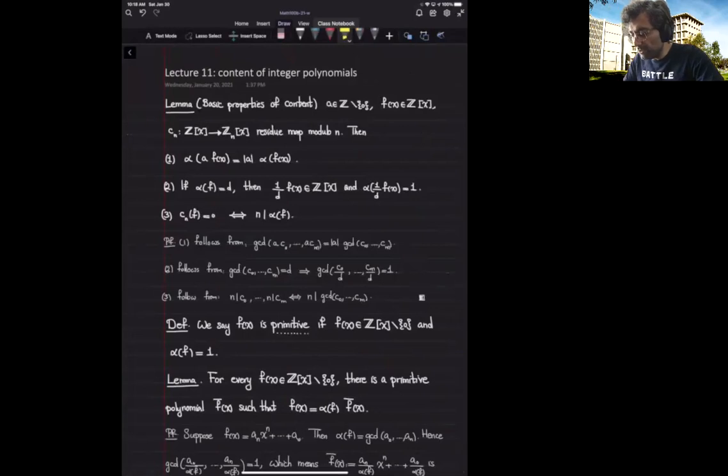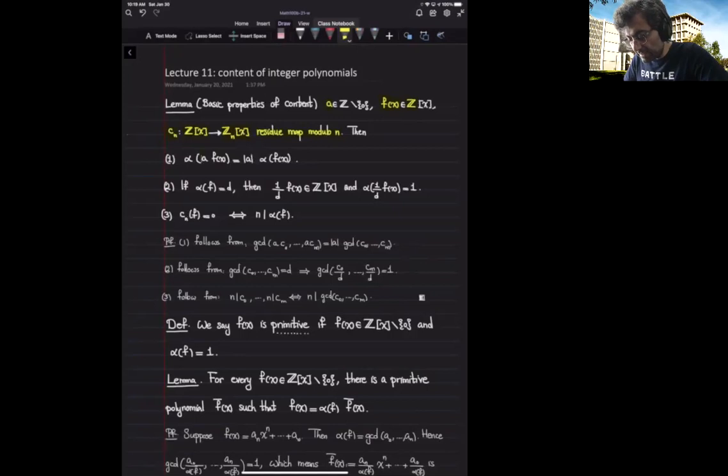So suppose I give you a polynomial f which is not 0 with integer coefficients, and I give you a non-zero integer a, and let's recall that C sub n is the modulo n residue map. But I have extended it from the ring of polynomials with integer coefficients to the ring of polynomials with coefficients inside the ring of integers mod n. So these are the settings. Now, what are the results?